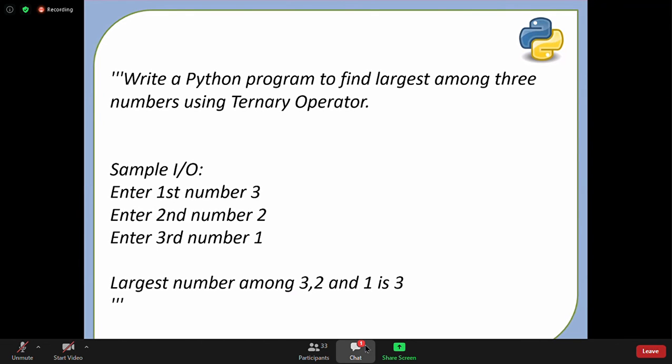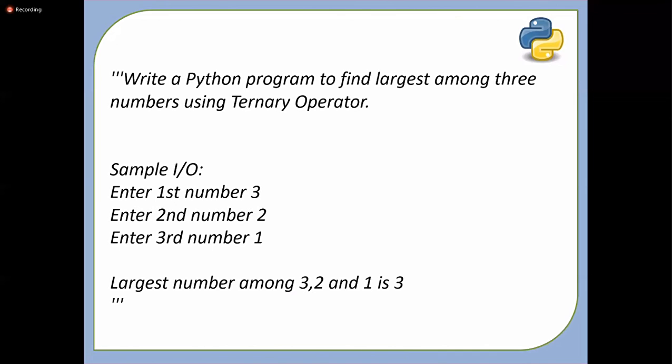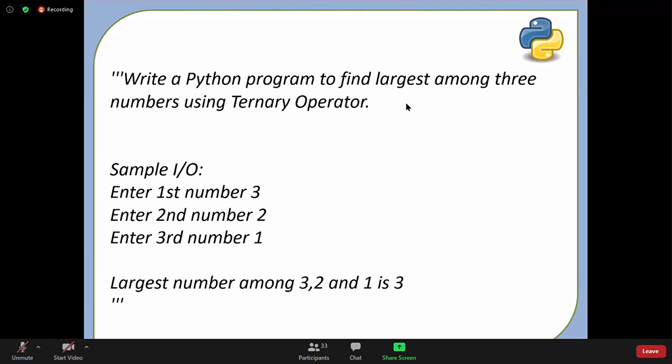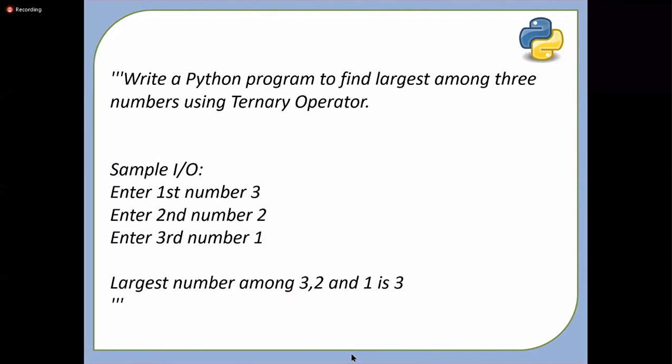Try this for tomorrow, we'll discuss it tomorrow. I thought there was no class tomorrow, so that's why we did this. But anyhow, we'll try to solve this problem tomorrow, as well as discuss the remaining operators.